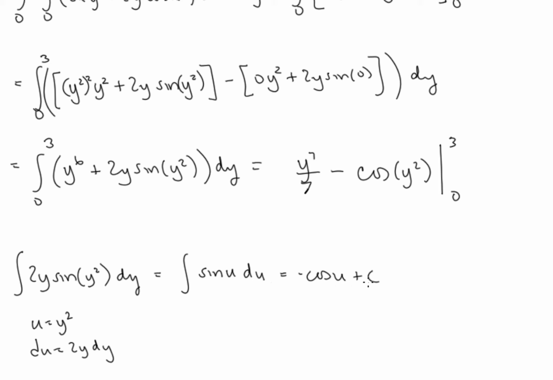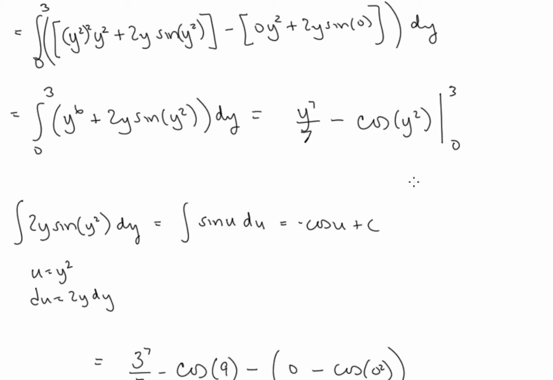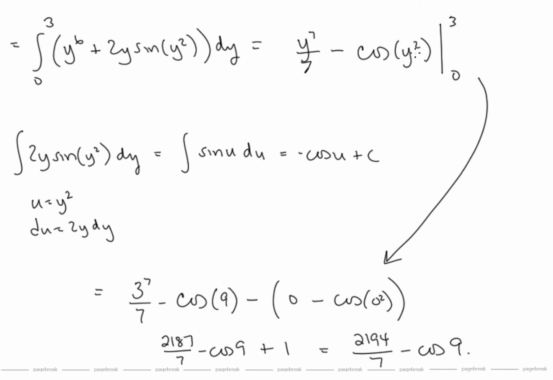That's negative cosine u plus c, or negative cosine of y squared here. And plugging in the bounds, 3 and 0, and subtracting, don't forget cosine of 0 is 1, so we have 2187 over 7 minus cosine 9, then plus 1, so we've got 2194 over 7 minus cosine 9.